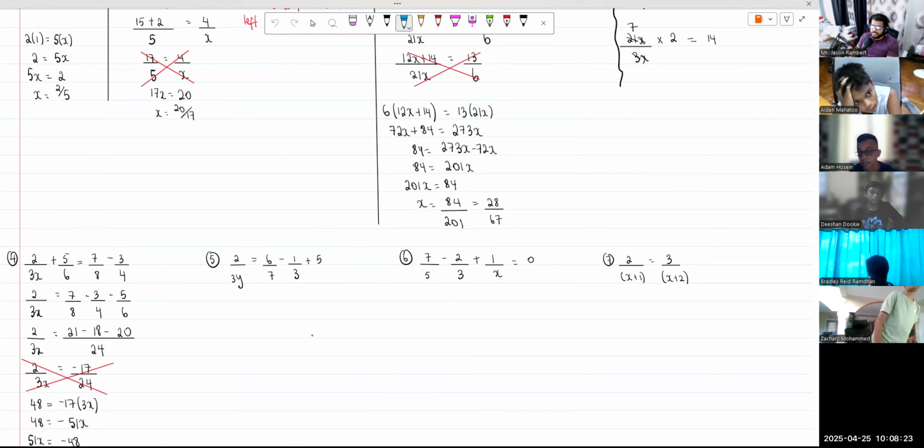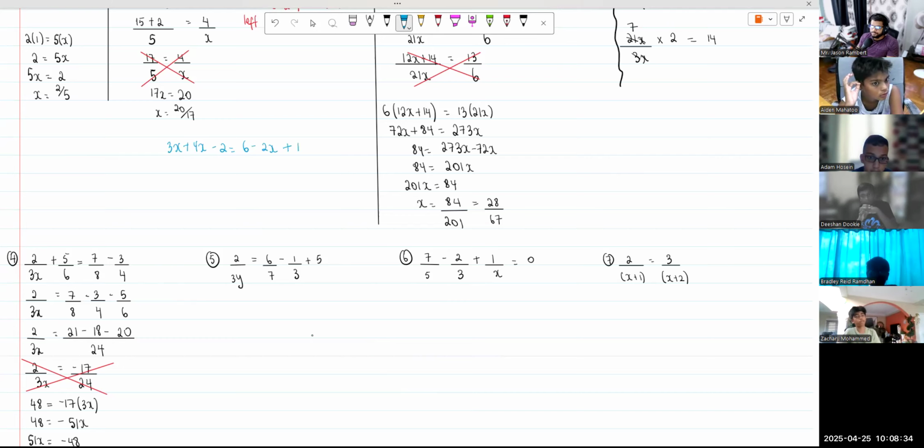Let's say I have something like this, and I say solve for x. 3x plus 4x minus 2 is equal to 6 minus 2x plus 1. I have to solve for x. Before I move anything about, I could actually simplify.